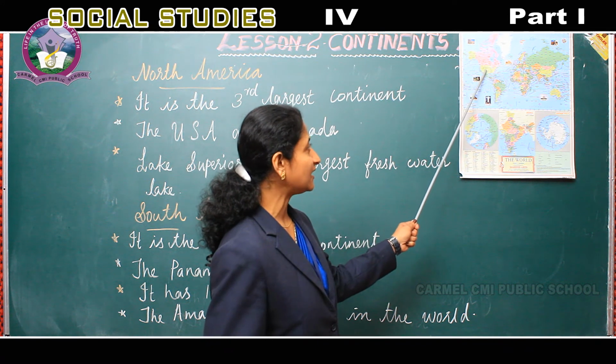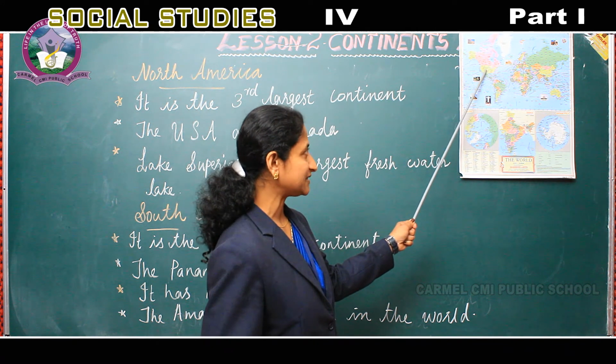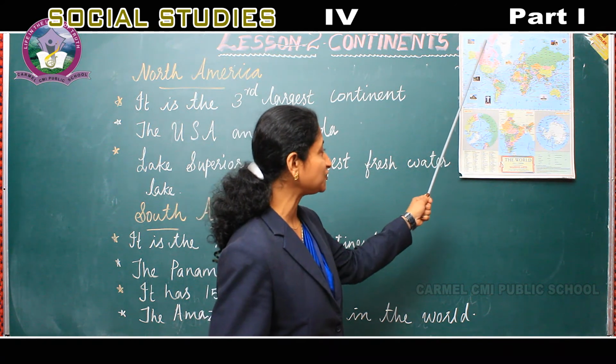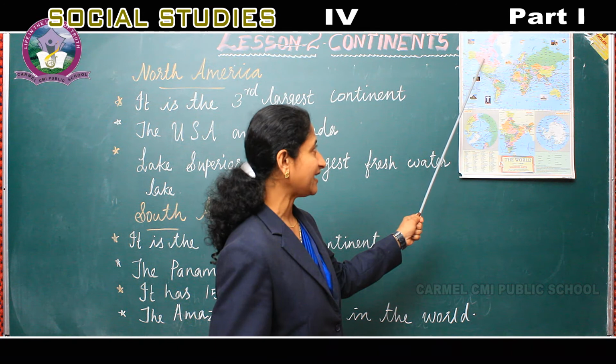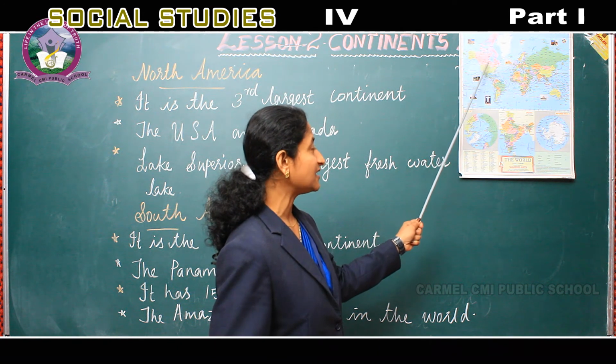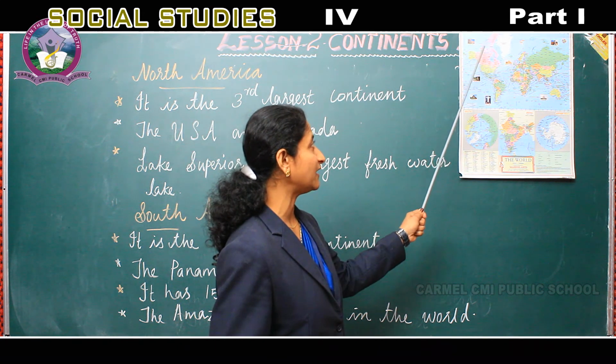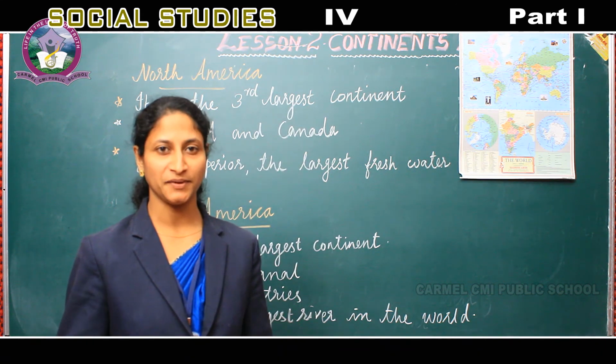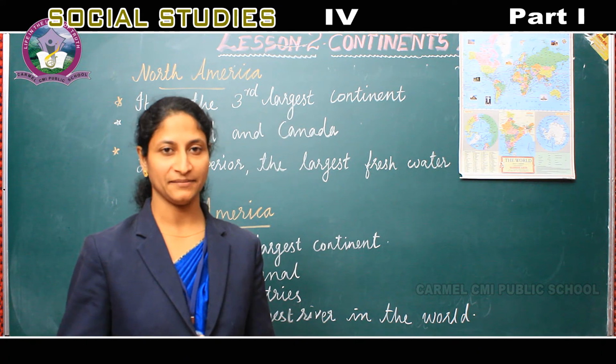This yellow colored area is the USA, that is United States of America, and this pink shaded area is Canada. These two countries cover the major part of North America. The largest freshwater lake, Lake Superior, is situated in North America.